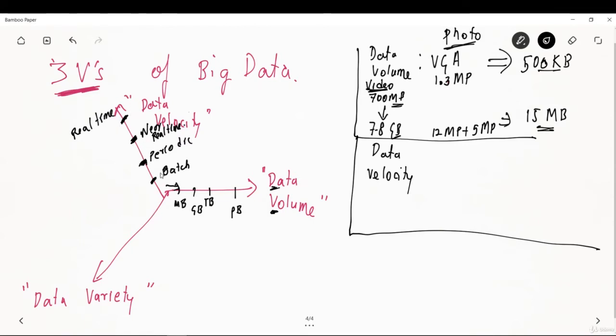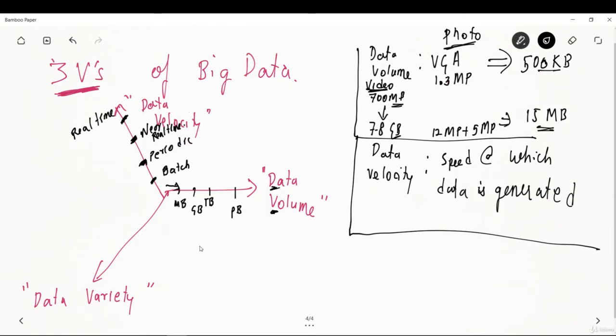So the velocity is increased. Velocity can be defined as the speed at which data is generated. So this is the second V, data velocity.